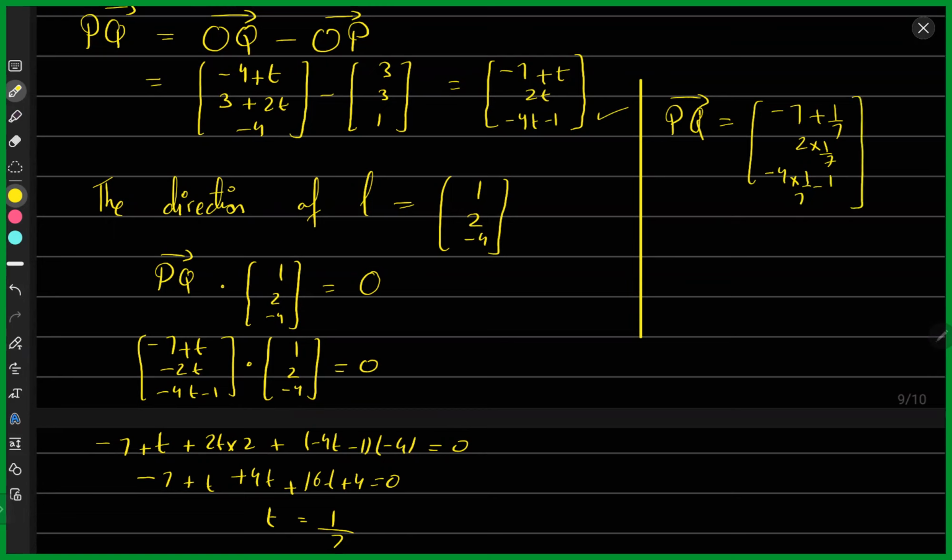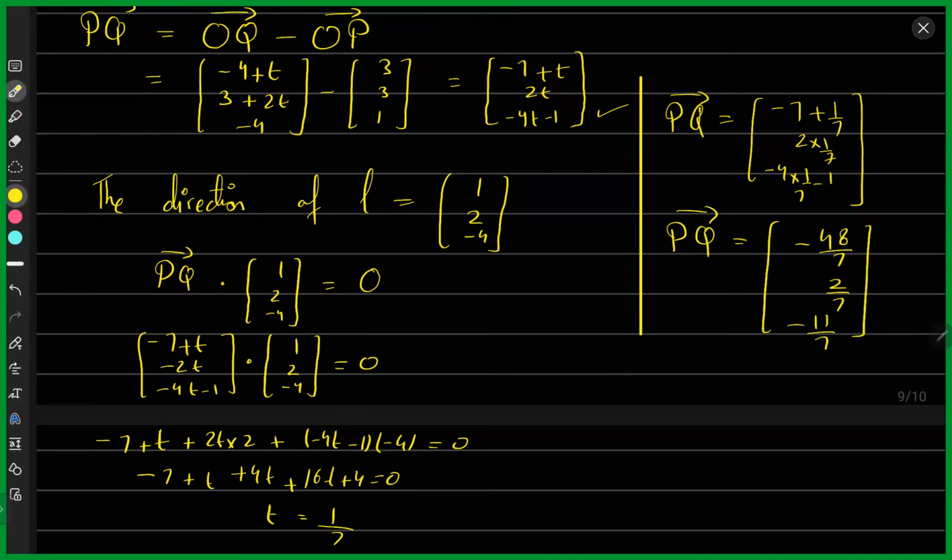And finally, in order to find out the distance, let's just simplify this first of all. PQ is going to be minus 48 by 7, 2 by 7, and minus 11 by 7.